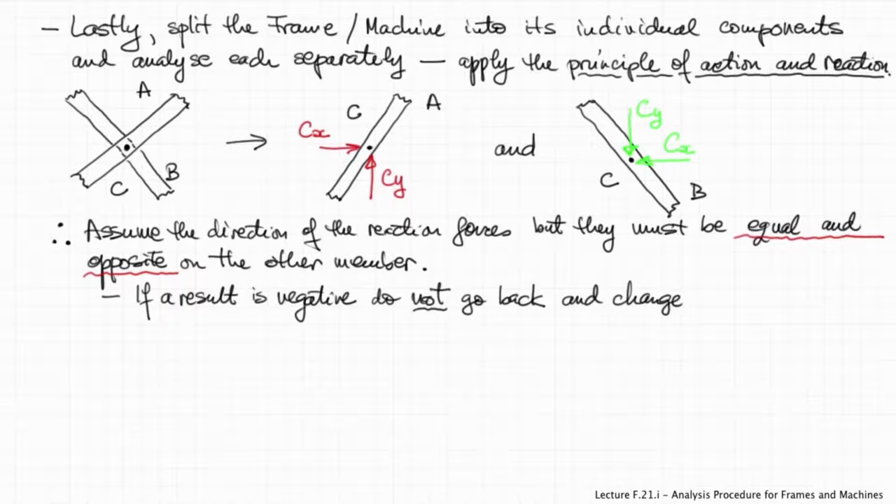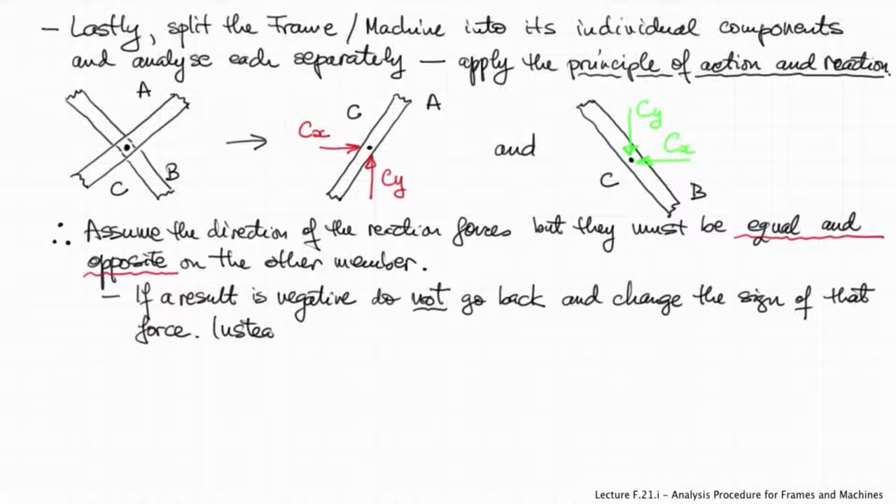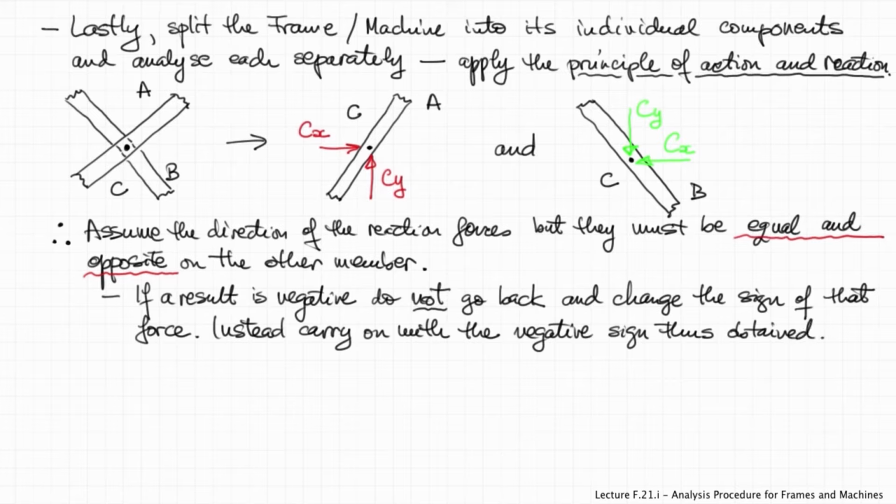Now, the other important thing is, if you, after writing the equations of equilibrium, if one result is negative, you should not go back and change the sign of that force on the previous free body diagram, because now if you do so, your equations will be wrong. Instead, what you should do, you should carry on with the negative sign that you have obtained. So you have to remember that that force was negative.